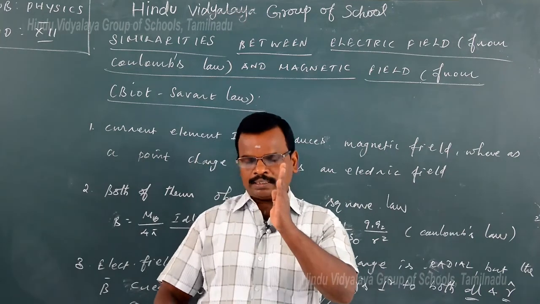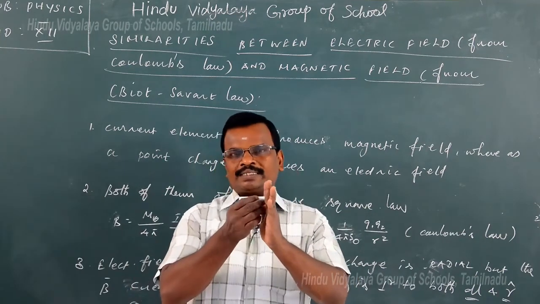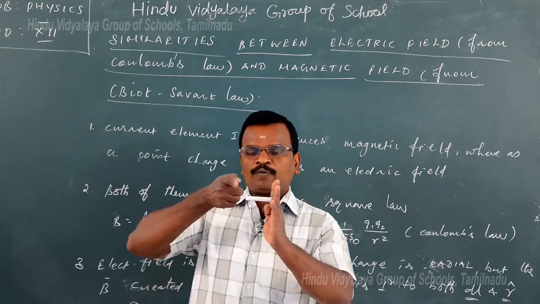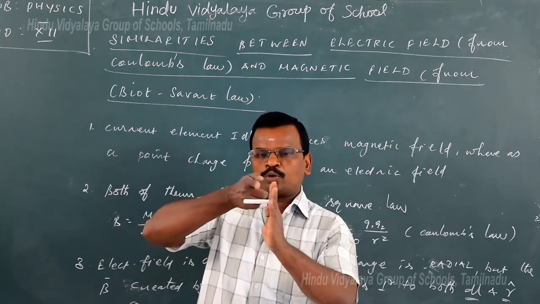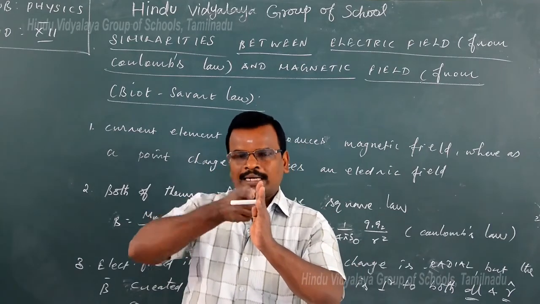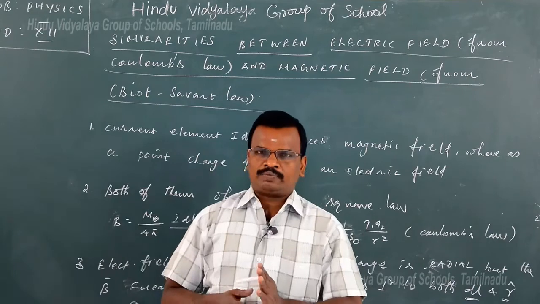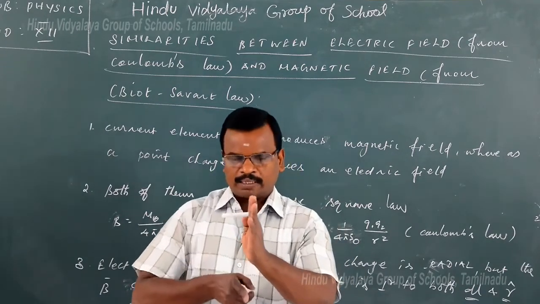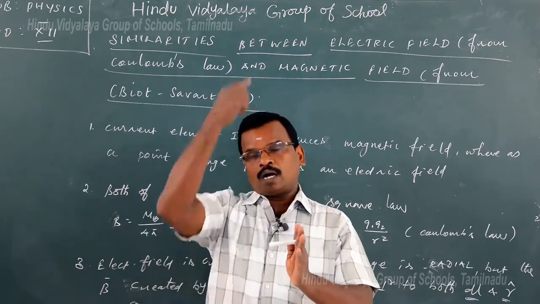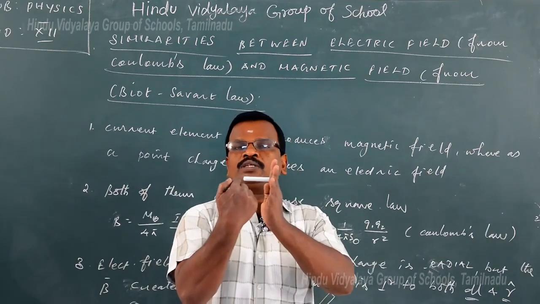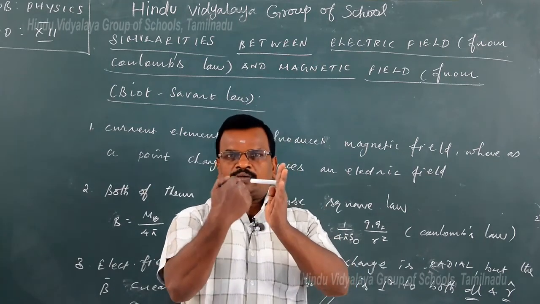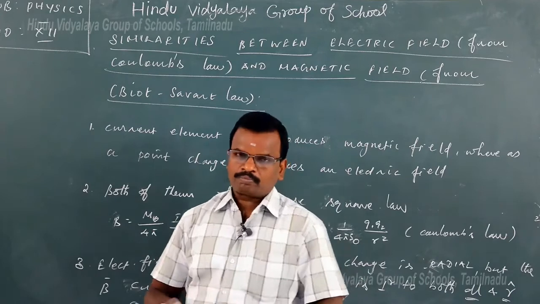Current element like this, position vector like this. So the magnetic field is perpendicular to both the current element as well as the position vector. If the current direction is from bottom to top and the position vector is top to bottom, the magnetic field is coming out, as a dot.